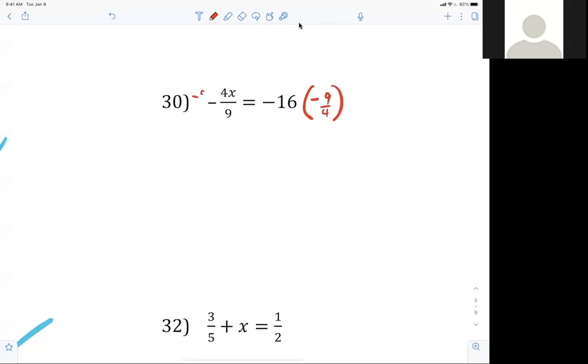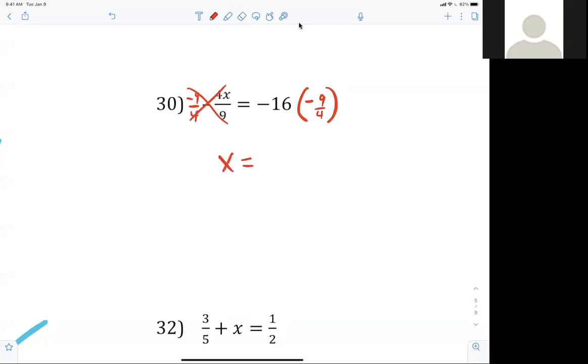You leave the x behind because that's what you're solving for. You with me on this? And so x equals. Now, is the answer going to be negative or positive? Negative. What's a negative times a negative? So now do the math.